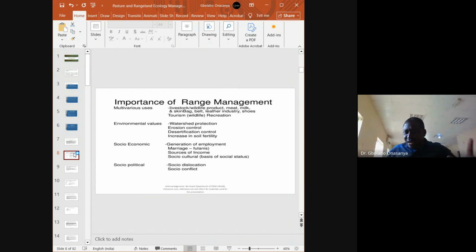The balance in the ecological system of the rangeland contributes to the quality of the rangeland and the quality of the grasses of the pasture. And the quality of the pasture will ultimately contribute to the quality of the pasture available for livestock production, and ultimately the quality of livestock production within the rangeland.